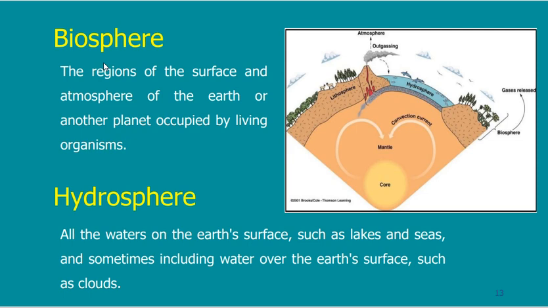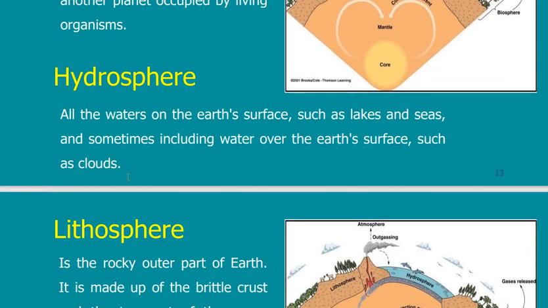One of them may be upper or lower, it's not important, but they share approximately the same location. But here I am looking for something, and there I'm looking for something else. So hydrosphere, all the waters on the Earth's surface, such as lakes and seas, and sometimes including water over the Earth's surface, such as clouds. So this is the biosphere, the hydrosphere.